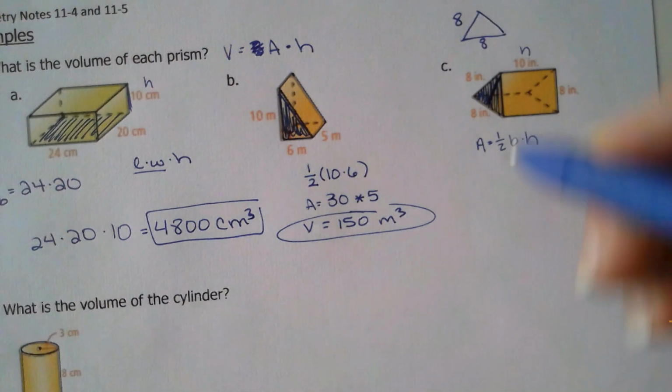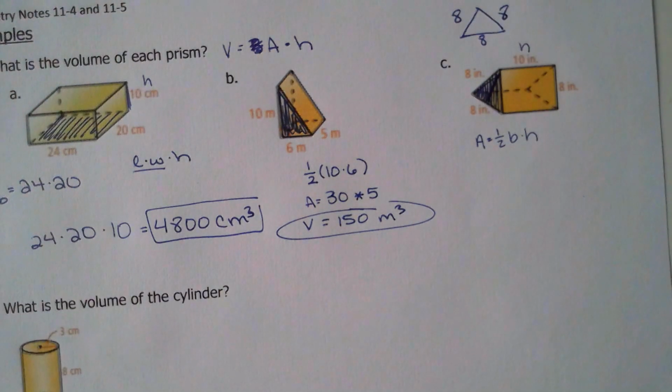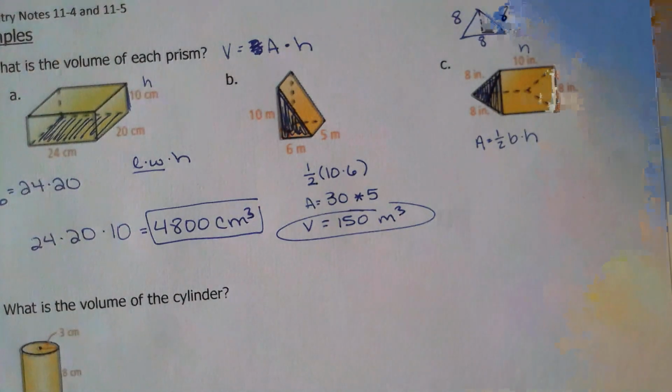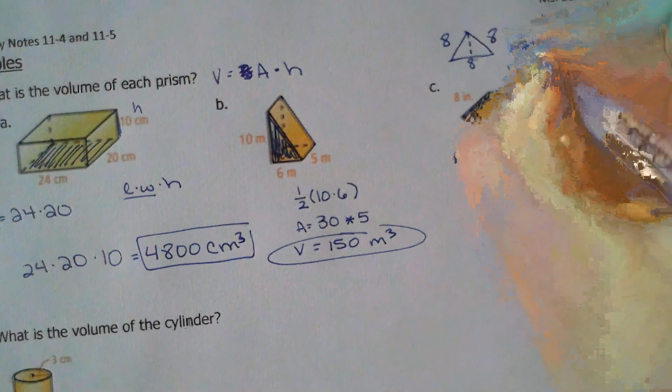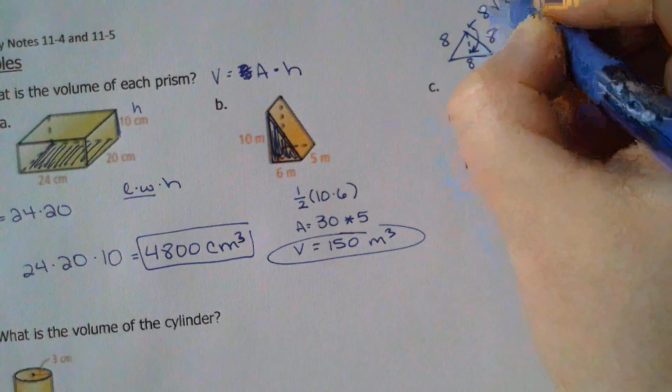Okay? Now you have 8, 8, and then over here we have another 8, showing me that this is an equilateral triangle. In section 8.2, we learned that if I cut an equilateral triangle in half, the height would be 8 root 3.